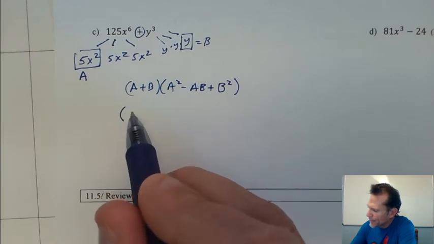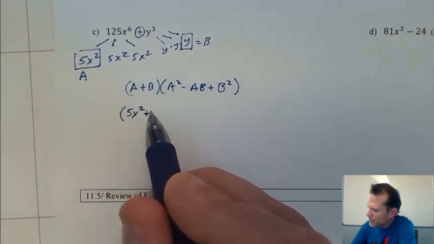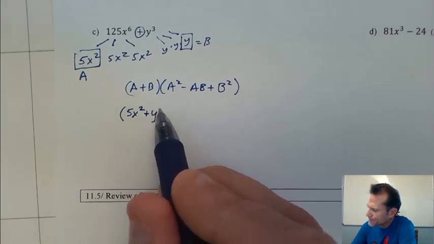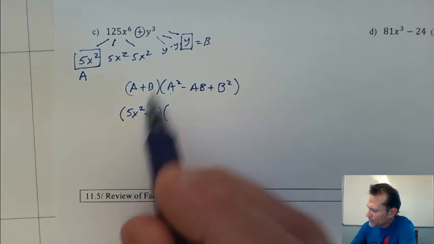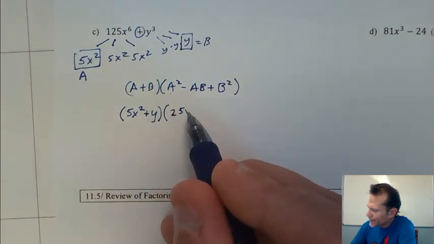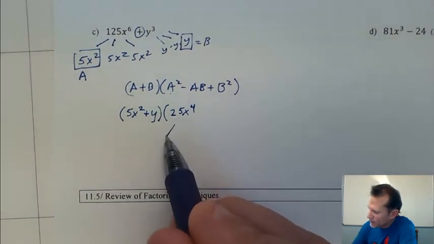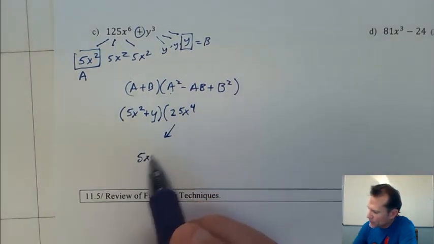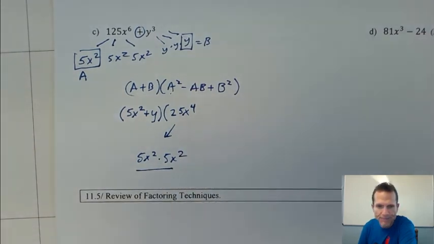And so I'm going to put my a value in of 5x squared plus y. I'm going to square my a value. Be careful again, 25x to the fourth. Remember that 25x to the fourth comes from 5x squared times 5x squared. That's where that comes from.